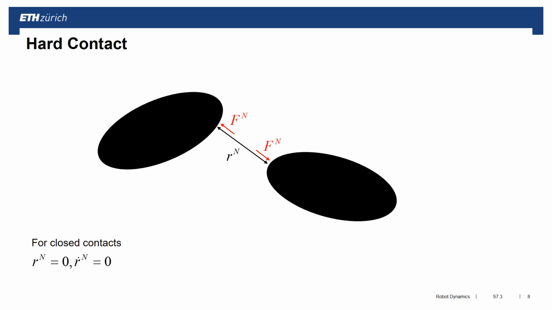If they're closed, that means Rn is equal to 0. If they stay closed, that means this Rn dot is equal to 0. And that gives a complementarity problem between the motion of the system, so R, R dot and R double dot, and the contact force.